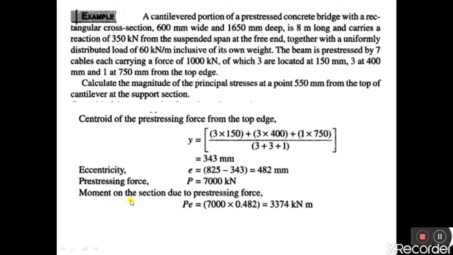Therefore, the moment induced in the section due to prestressing force, P into e, is equal to 7000 into 482 millimeter. So 482 millimeter is the eccentricity, which is converted into meters. It is 0.482 meters. Therefore, the moment induced in the section due to prestressing force is equal to 3374 kilonewton meter.